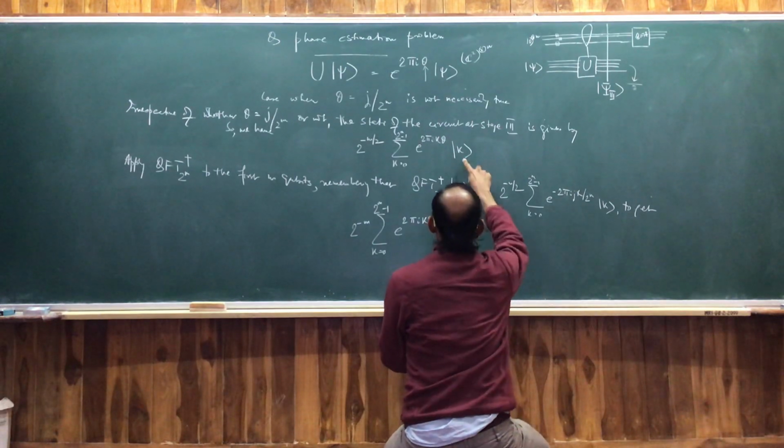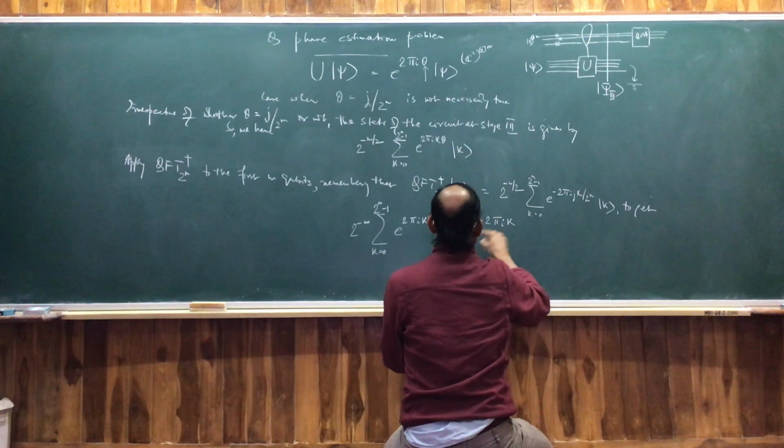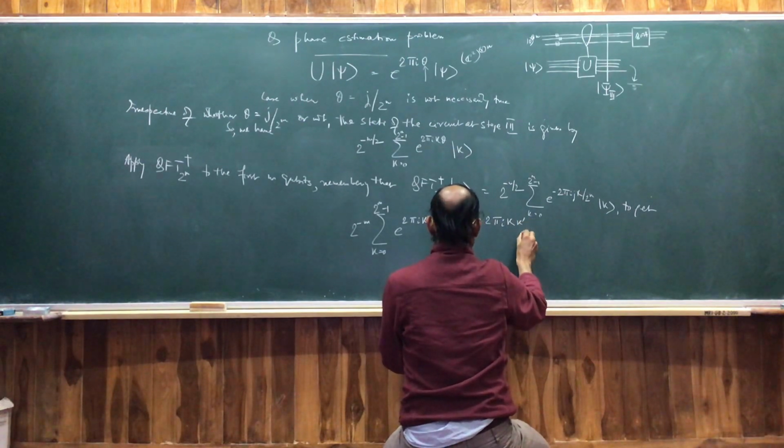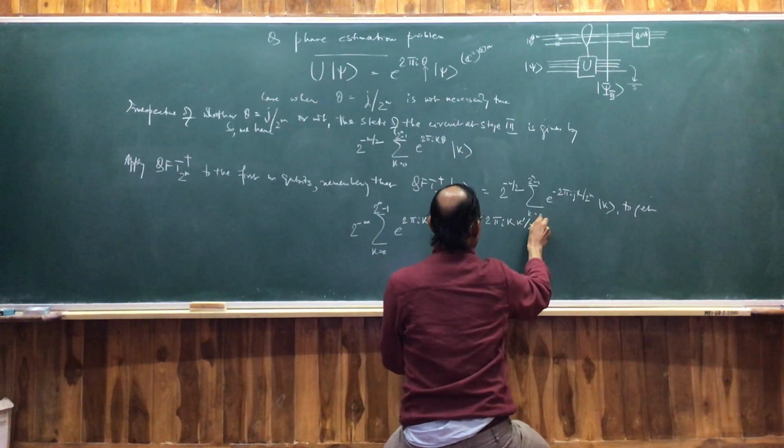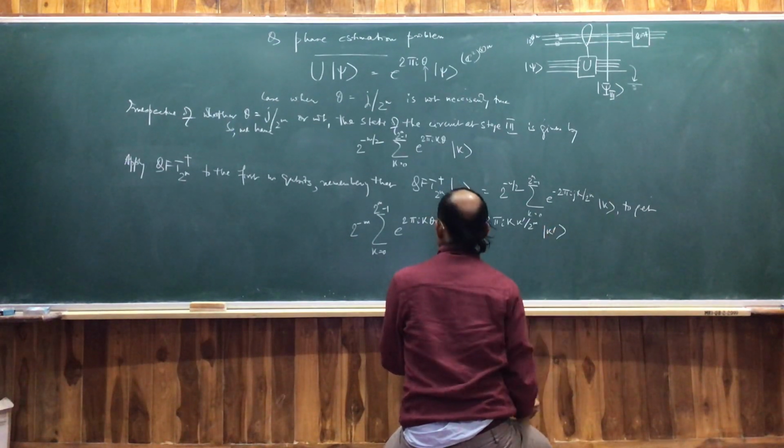The J is the K here, yes? So the K has become the K prime, and then there is a by 2^m. The running index now is K prime. Yes?